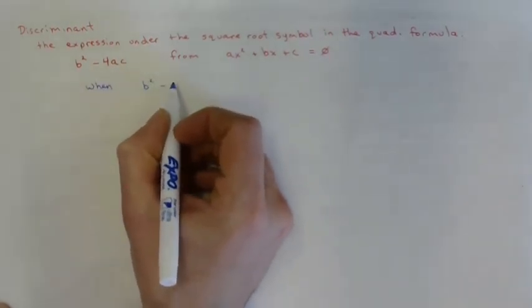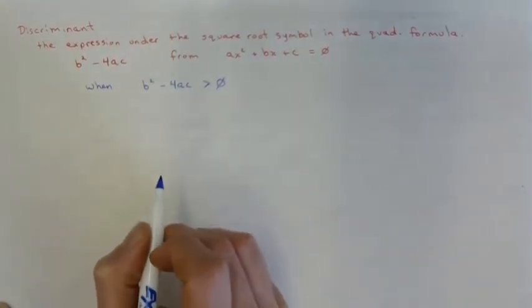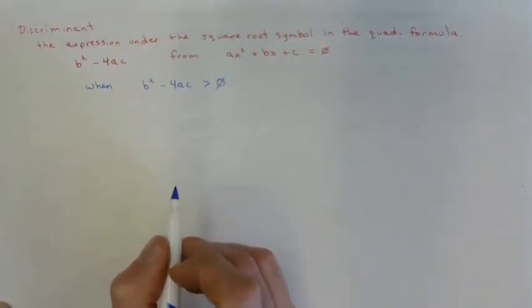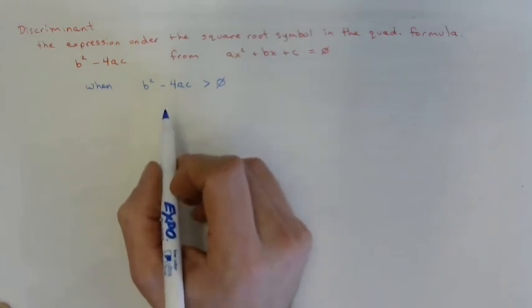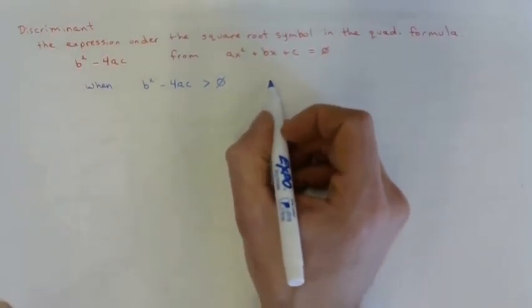When b squared minus 4ac is greater than 0, so when it's a positive number, what do you know about that solution? There's going to be two solutions.